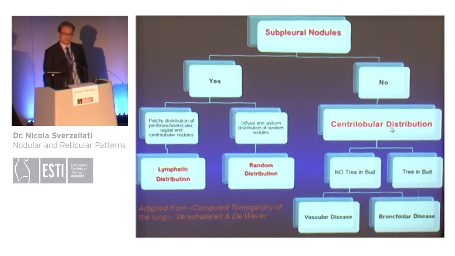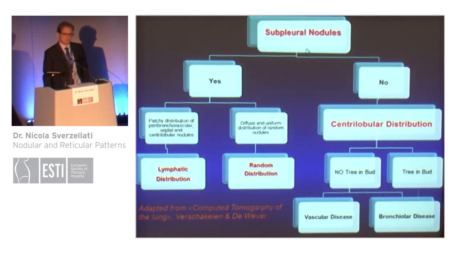If these pure centrilobular nodules do not show a tree-in-bud configuration, we should, again, consider bronchial disorders such as respiratory bronchiolitis, which is quite common. If symptomatic, it's called respiratory bronchiolitis associated with interstitial lung disease, or hypersensitivity pneumonitis. Less commonly, these pure centrilobular nodules represent vascular disease.